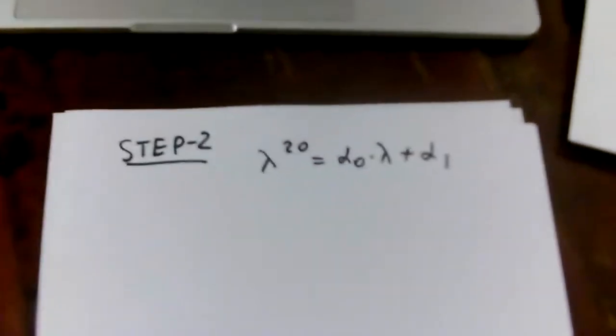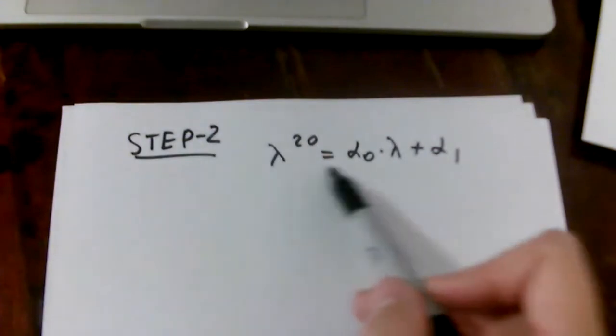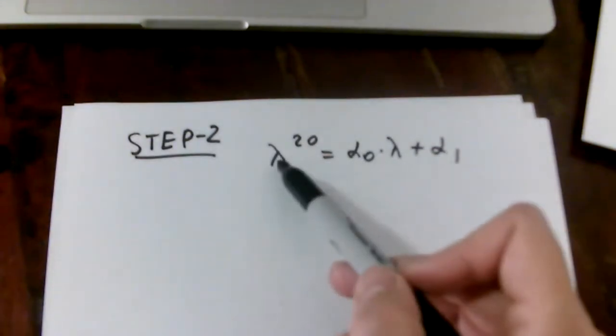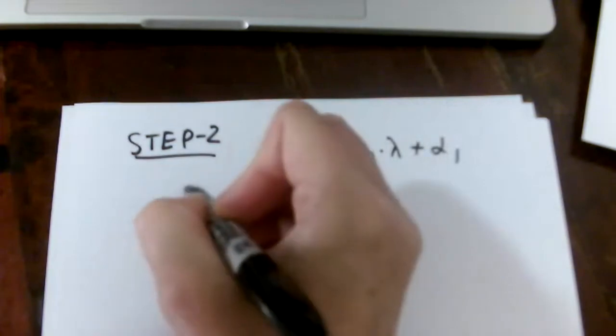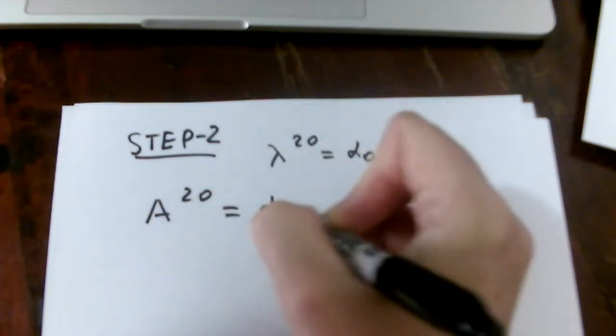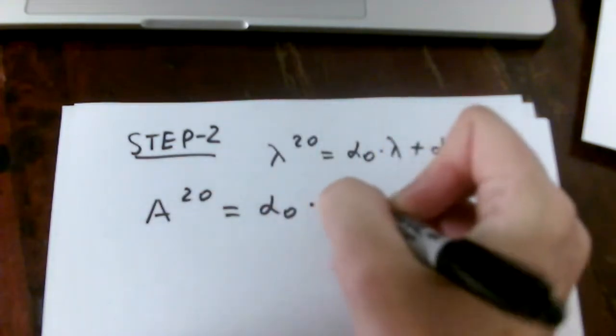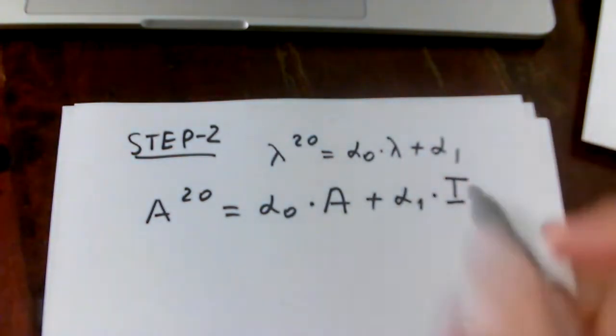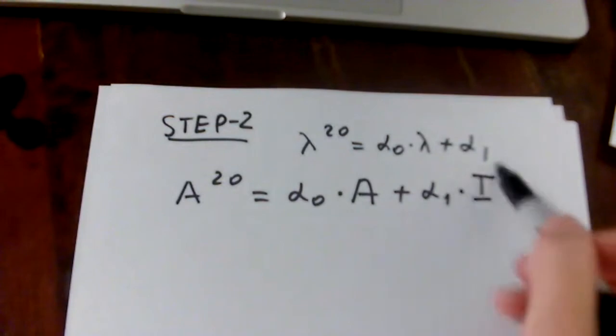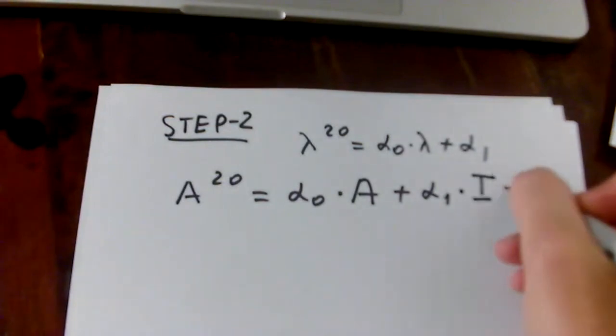And according to the wonderful and spooky Hamilton theorem, we can substitute this lambda by our matrix A. So A to the power 20 equals alpha 0 times A plus alpha 1, and for adjustment we write this identity matrix.